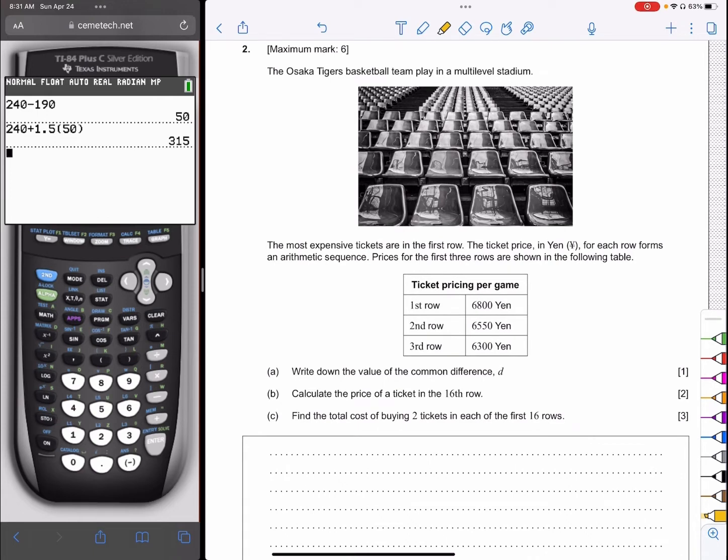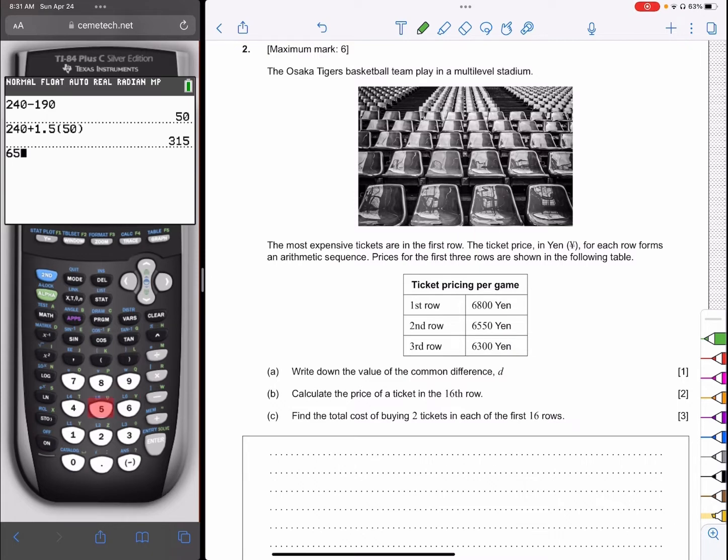Remember, the common difference is how your values are changing from one number to the next. So as we can see here, if I look from 6,800 to 6,550 to 6,300, I can see that I'm going down by 250.